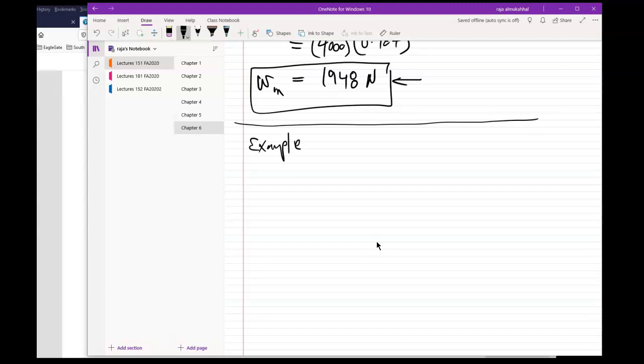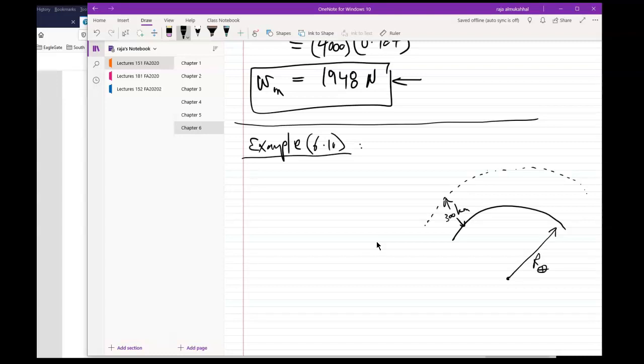Example 6.10. So what you have in here is the Earth right here, and here is the, it's highly exaggerated, of course. I hope you understand that. So here the height here is 300 kilometers, and of course way down there this is the radius of the Earth.